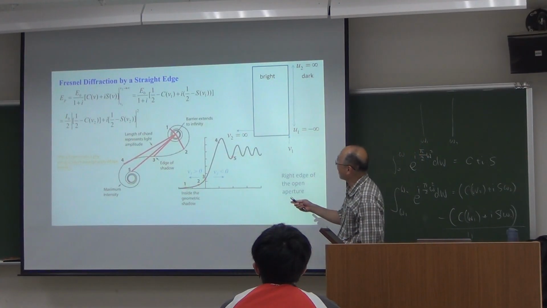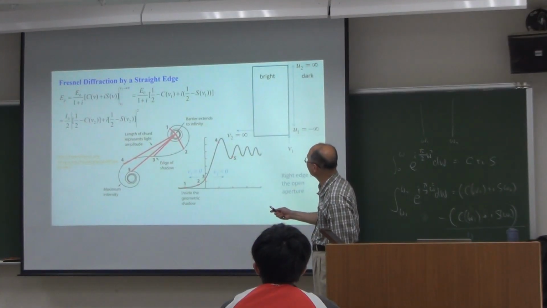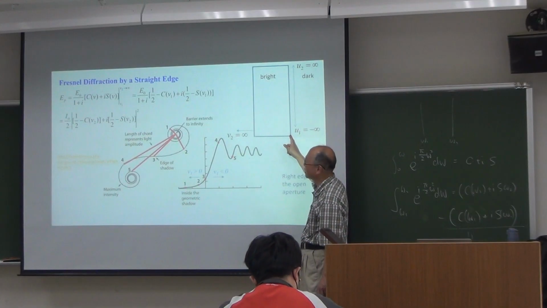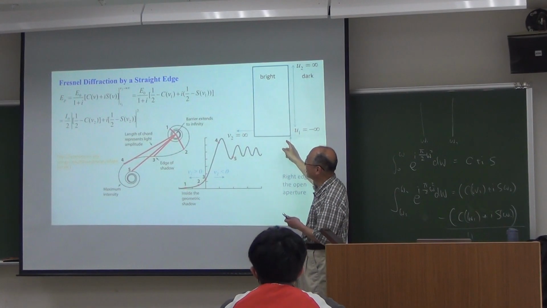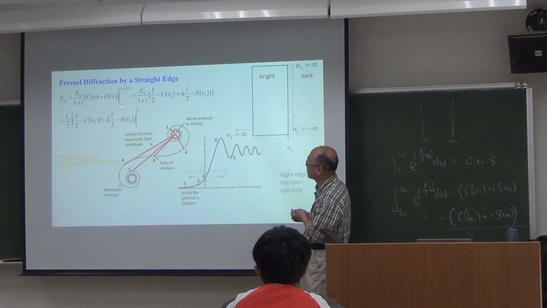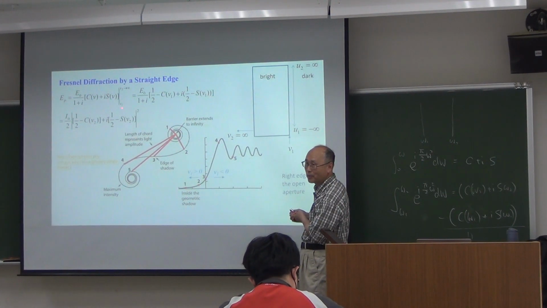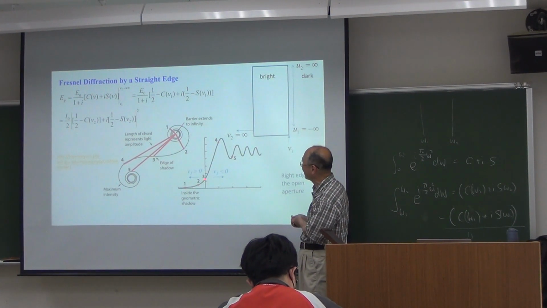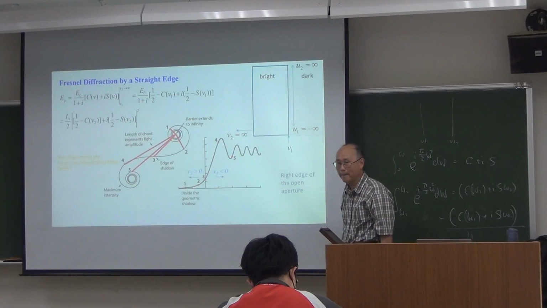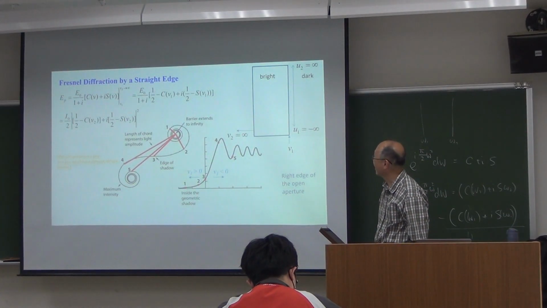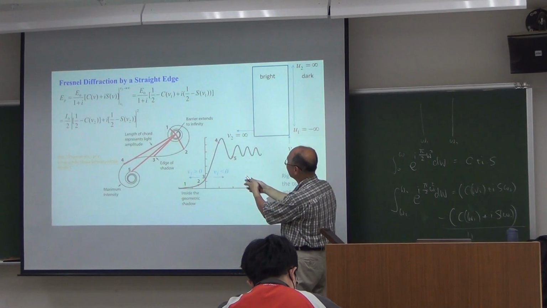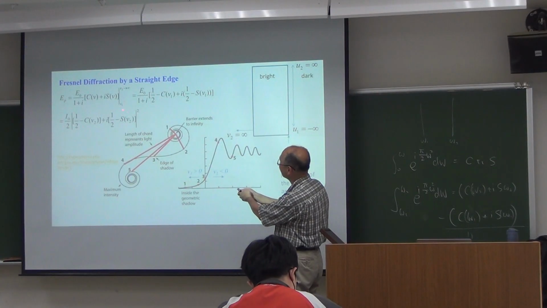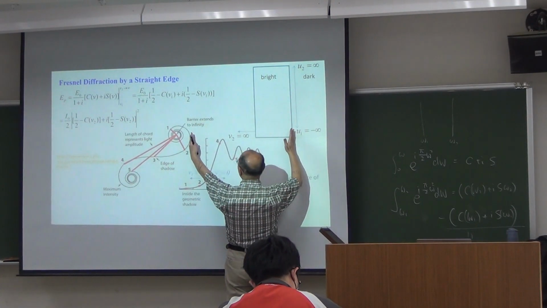Okay. So this h is going to be the location you will be seeing. You will be constructing this intensity. And this integration range is between this aperture.